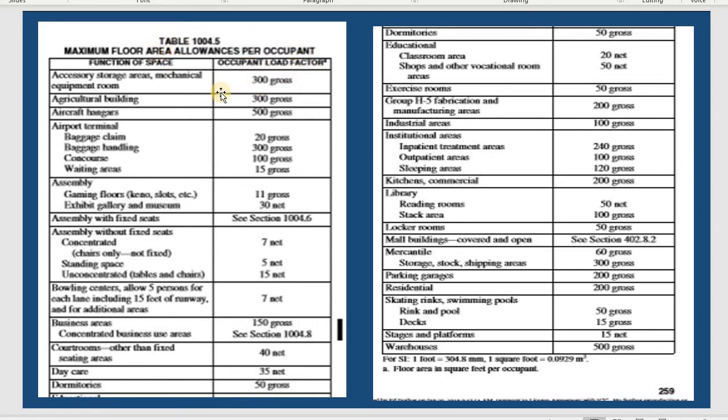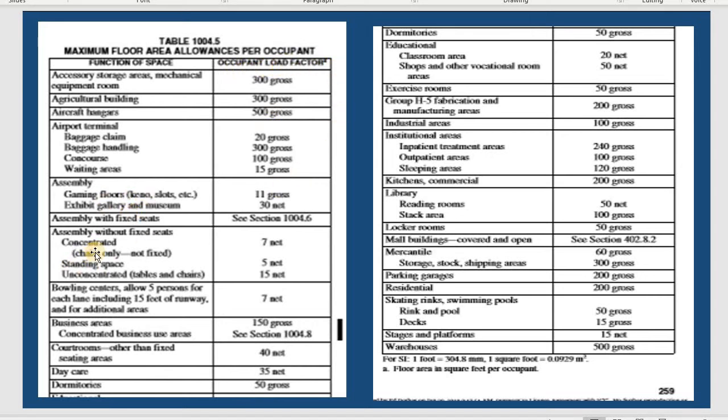And the number on the right side tells you the occupant load factor, the one in the example you saw before. If you look at the left one, you can see the place, that means the area you use. For example, if the place you use is an airport terminal, you need 20 square feet gross for each person. And this one you call the occupant load factor.